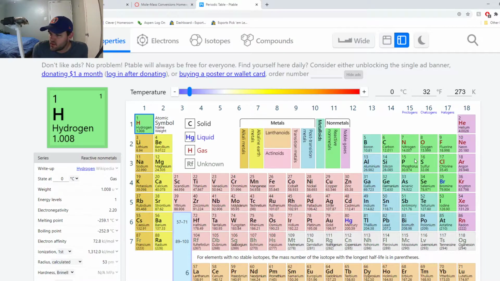Then we've got to find phosphorus. Its mass is 30.974, so we're going to round that to 31. And then oxygen over here, its mass is 15.999, so that will be 16.